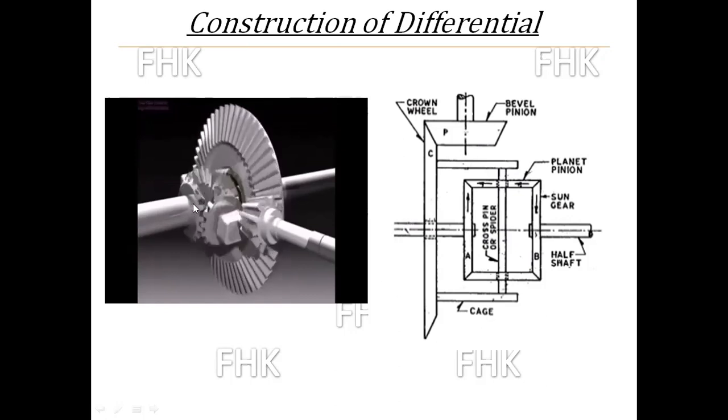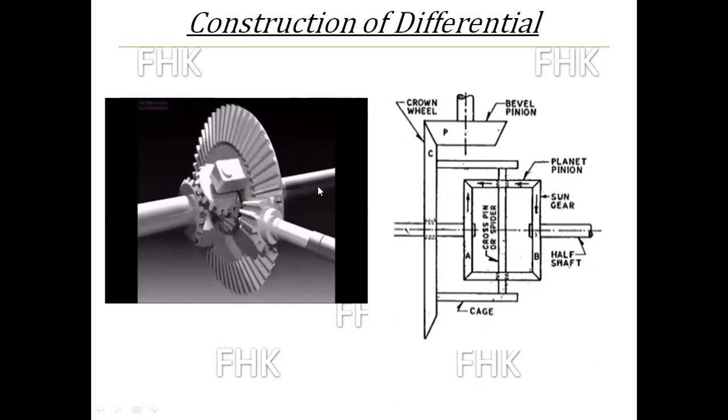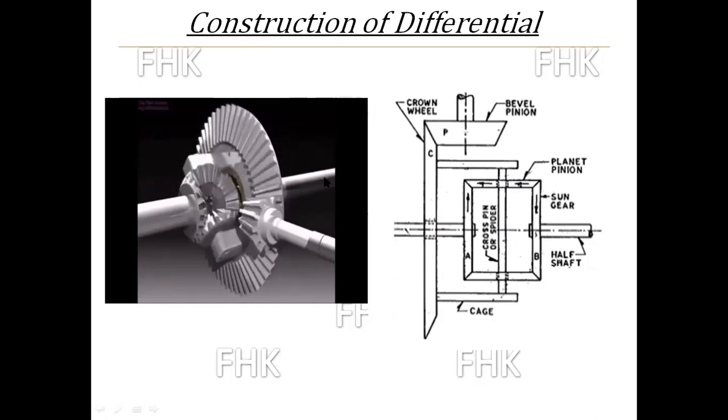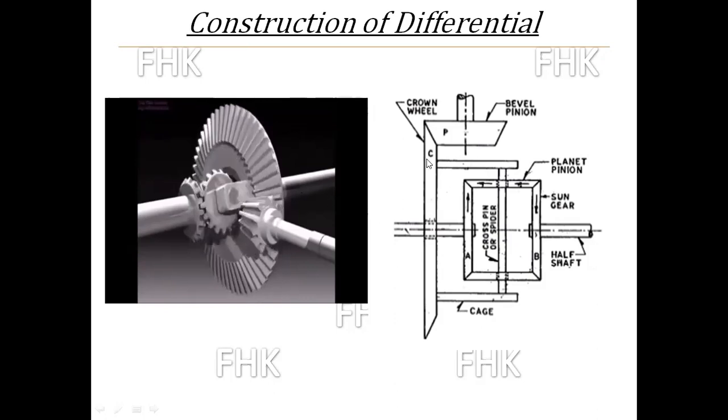Here you can see this is connected to the left back wheel, and this rear axle, the half axle, is connected to the right side back wheel. This is the constructional detail of the differential unit.